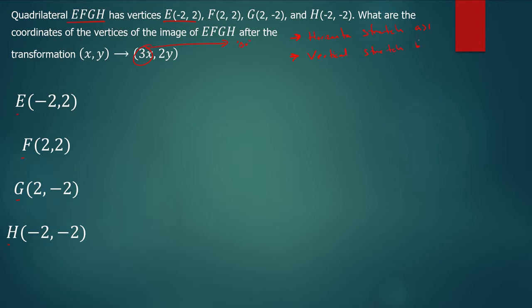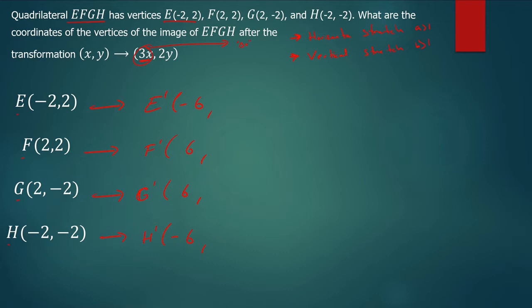My b value is greater than 1. To produce these new coordinates, E prime, F prime, etc., we simply multiply the x by 3. So here we would get -6 for E prime, 6 for F prime, 6 for G prime, and -6 for H prime.